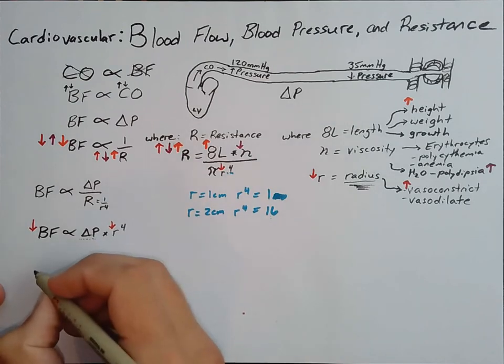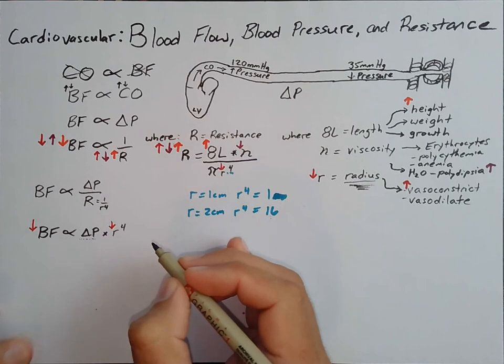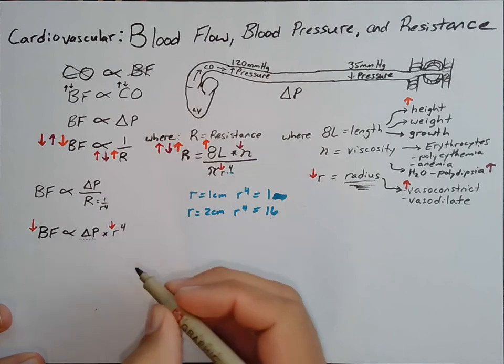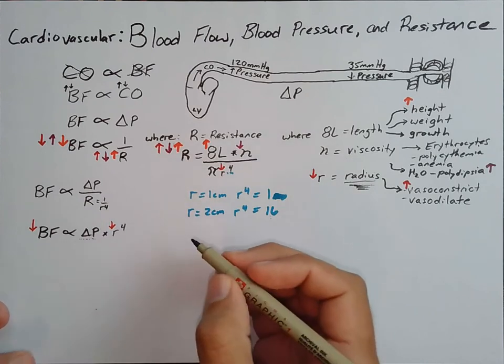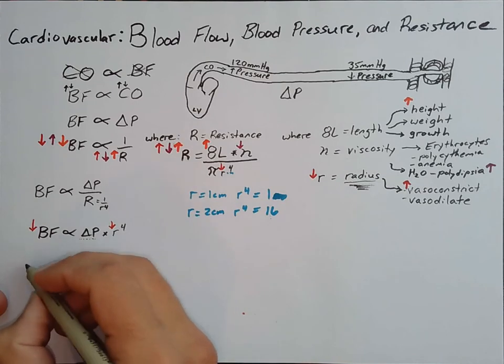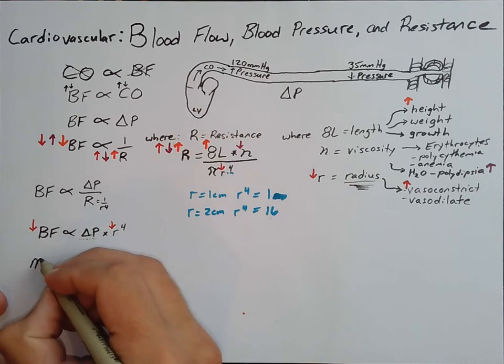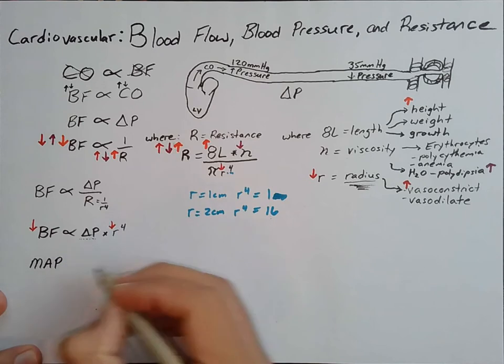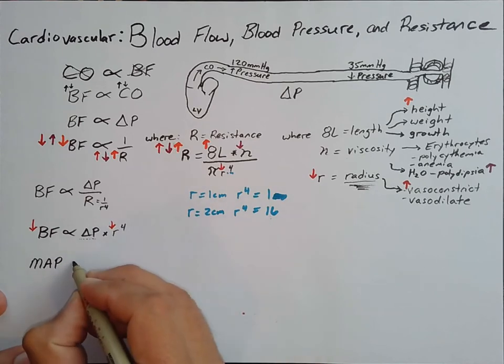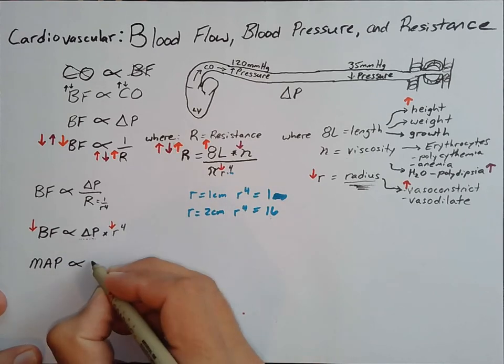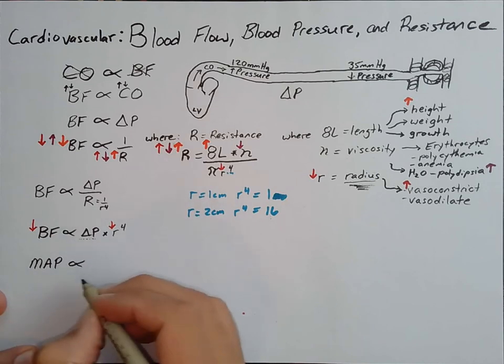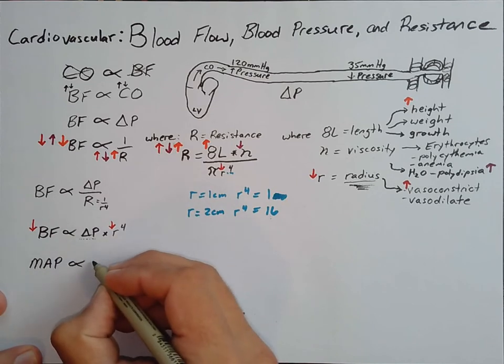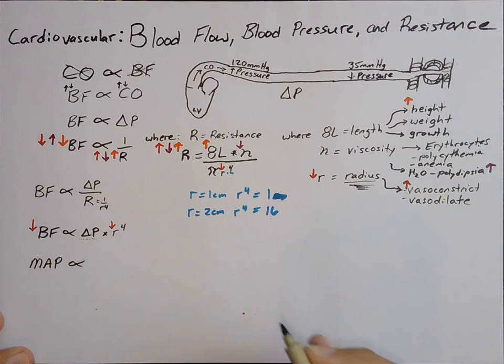We know that this pressure gradient is actually going to be created by mean arterial blood pressure. Mean arterial blood pressure is going to help control delta P, and delta P is going to help control mean arterial blood pressure.